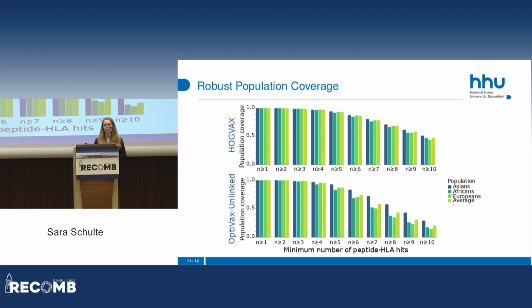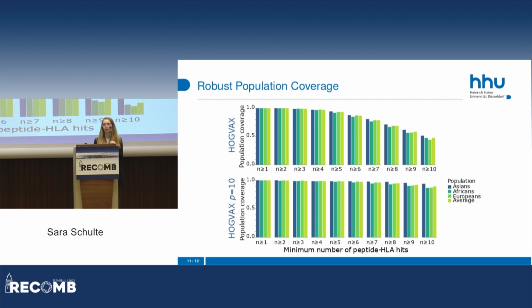And here I computed the probability for at least n presented peptides per individual in our target populations, and here I'm using haplotype frequencies for the evaluation, while the computation still took place on single allele frequencies. And the haplotype frequencies derive from typed individuals of Asian, African, and European ancestry, as well as the average over these three populations. And what you can see is that both tools, OptiVax and HOGVAX, perform quite well.